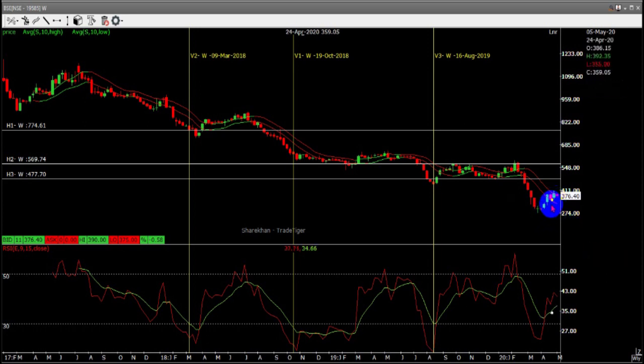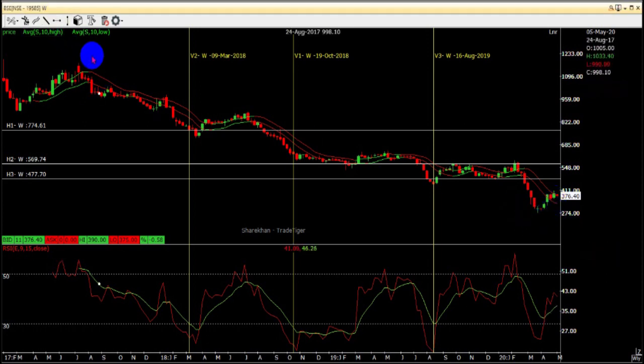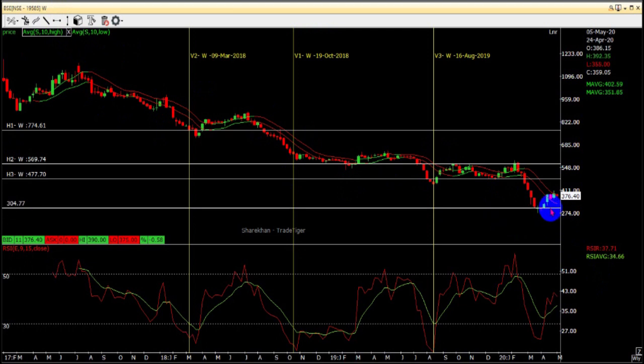So in this particular case, we'll have to wait for the prices to fall to approximately 304 rupees. Currently it is at 376 rupees and today's date is 5th May 2020. And the current RSI levels are at 41 and 37. So we'll have to wait for the price to again come down to our level of 304 to buy into it.